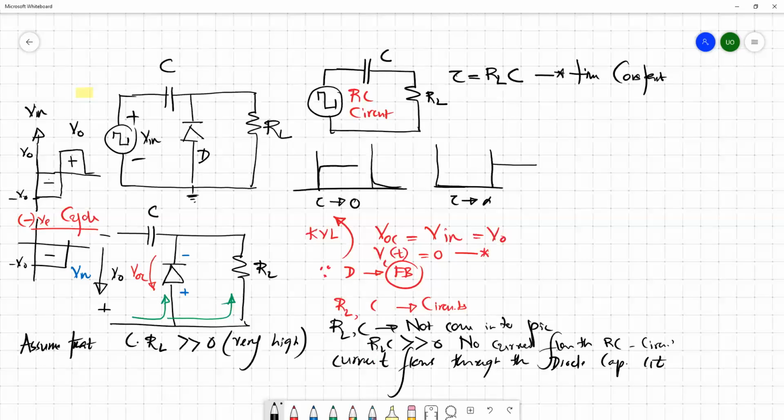Through the resistor path this is not possible because this RC constant is pretty much high. So the only path possible is through the diode. So then we have a circuit like this. We have the capacitor here, and we have a short, forward biased diode. If we assume an ideal diode, it's something like that.